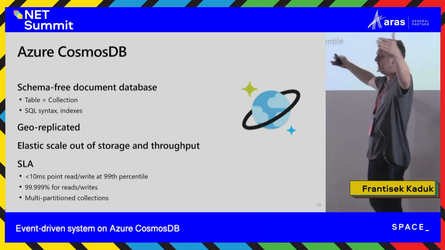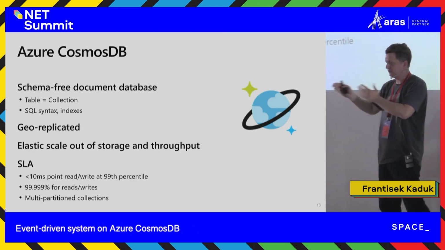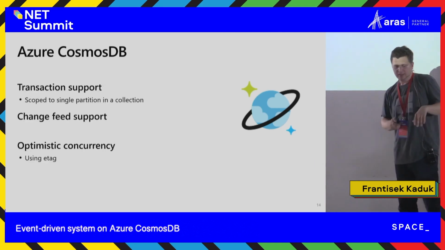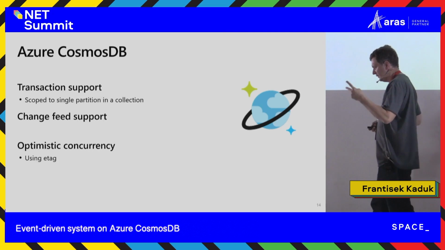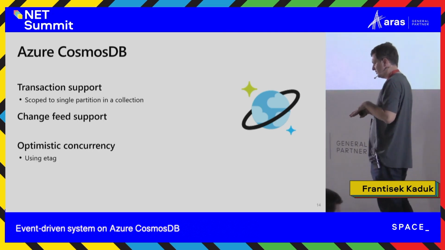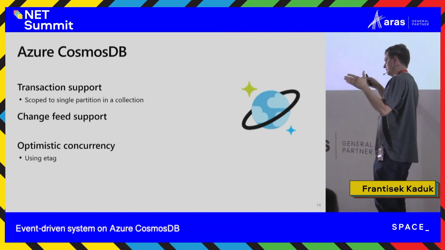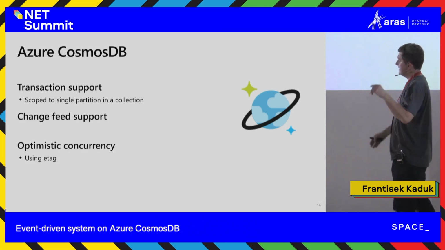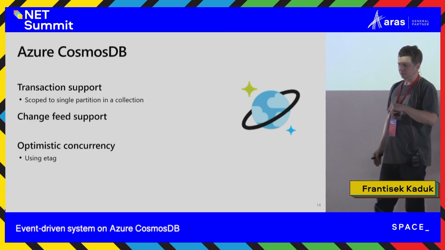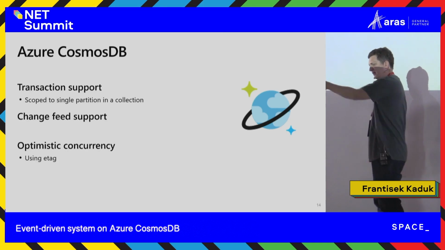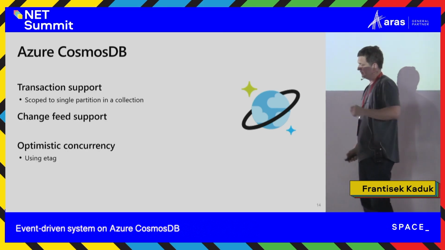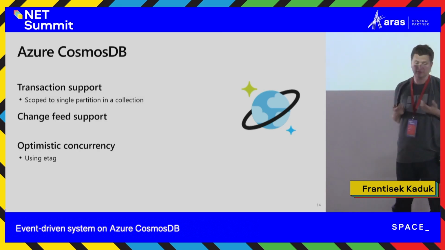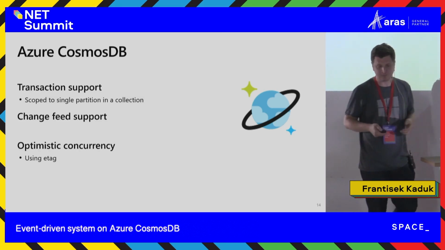So basically, your big database is split into several partitions. And they have two really good features: transactions, which are per collection, per partition, and the change feed support. Change feed support is that streaming of the events. And I will be focusing on this very much because this is the heart of our system.